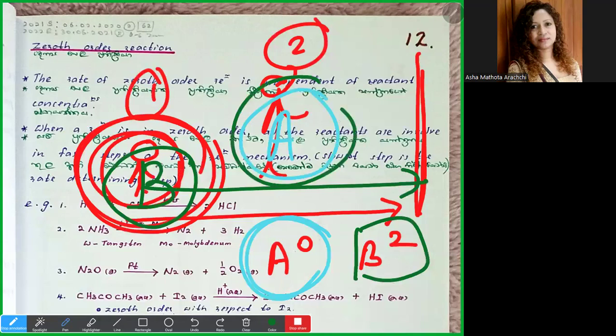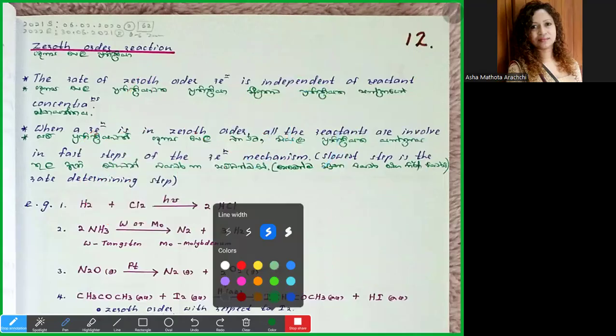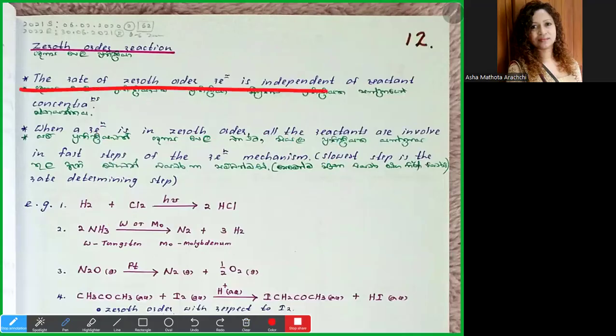So A is the one which we call the zeroth order because it cannot control the reaction rate. Clear? Okay. So let's write points. The rate of a zeroth order reaction is independent of reactant concentrations.